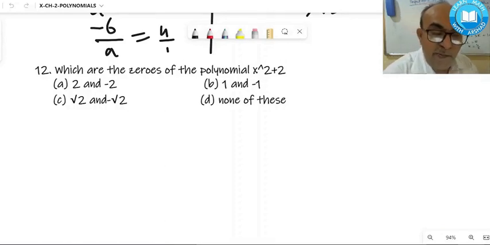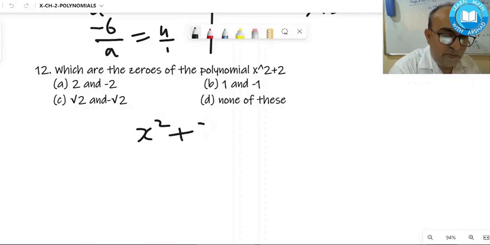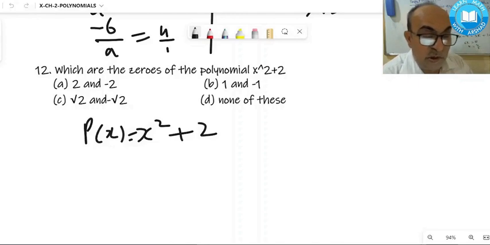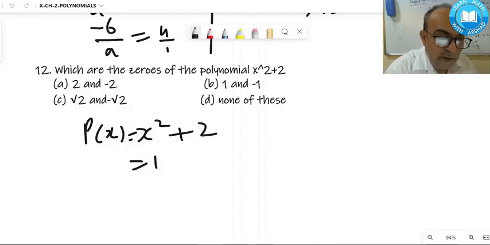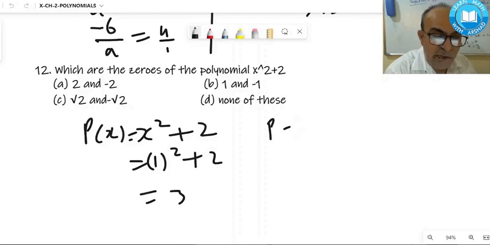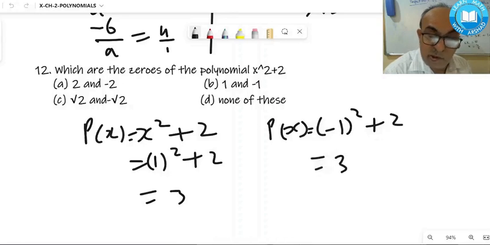See x square plus 2. This is a polynomial x square plus 2. The question is we have to find the zeros. If you write x as 1, so x square plus 2 is 3. If you write x as minus 1, so it is minus 1 square plus 2, this is also 3. It means for any value of x, this will never be equal to 0.